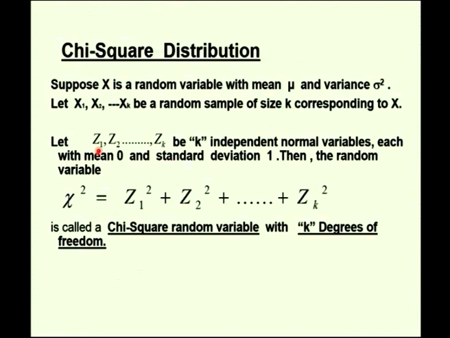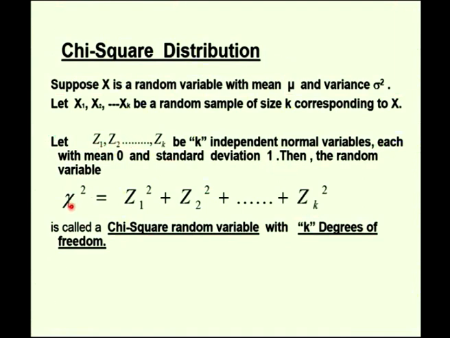Then since each random sample can be approximated to a standard normal distribution, the corresponding conversion of x to z is z1, z2 etc. up to zk, k independent normal variables, each with mean 0 and standard deviation 1. This mean 0 and standard deviation 1 is the mean and standard deviation of these z values.